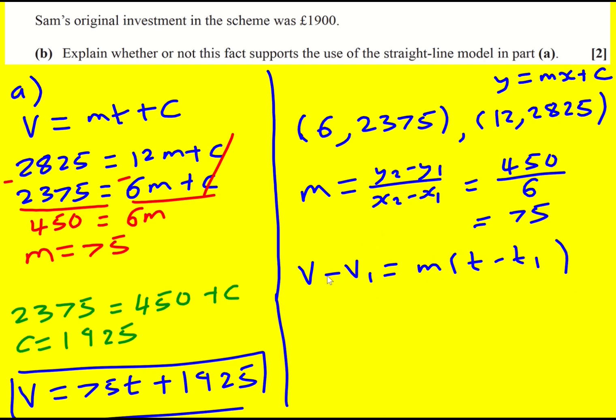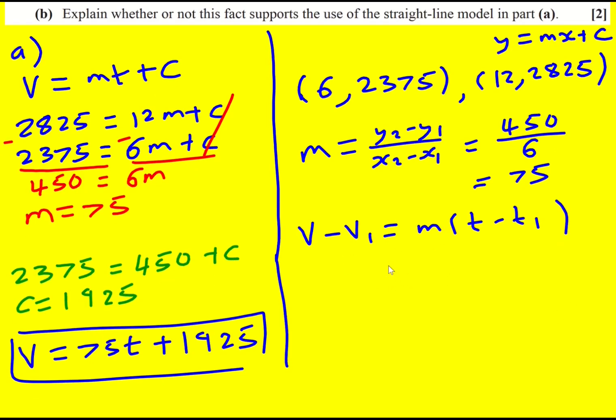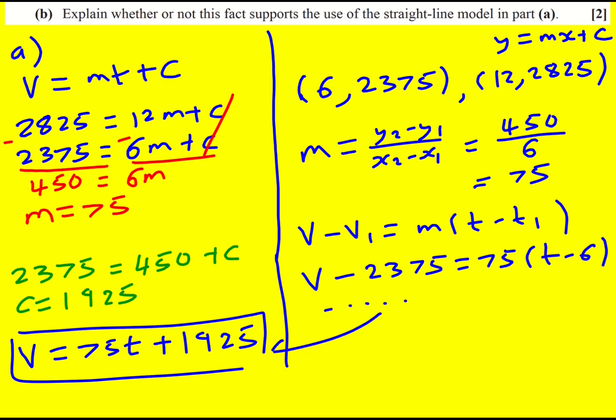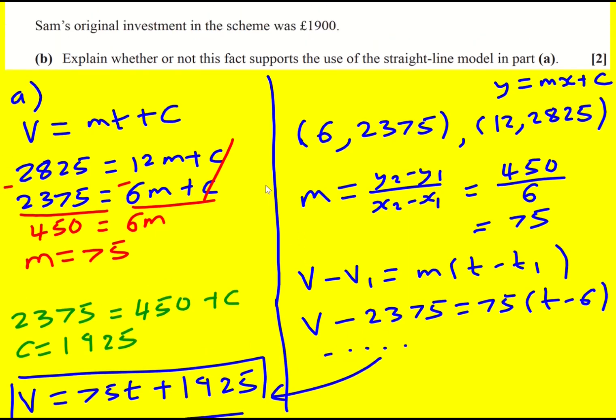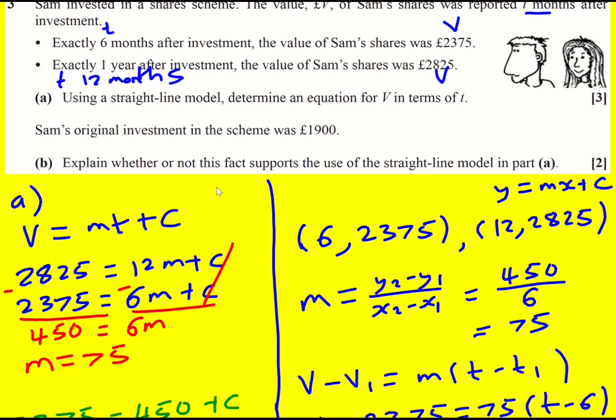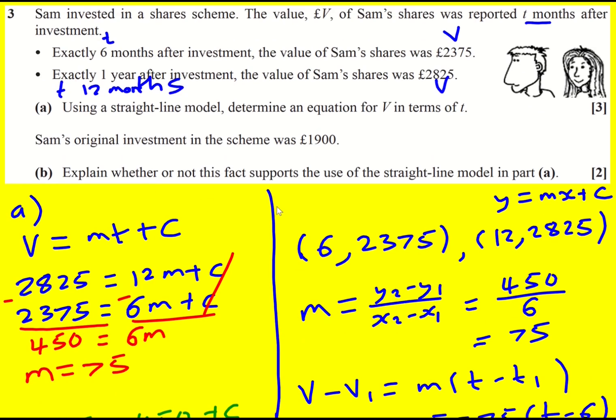This is always the best equation to use for these straight line graphs because it avoids you having to rearrange. So V minus 2375 is equal to 75(t minus 6). And if you rearrange that, you'll get exactly the same thing. So just a different approach. I just wanted to remind you that this is not a completely different question to what you would have been asked previously.